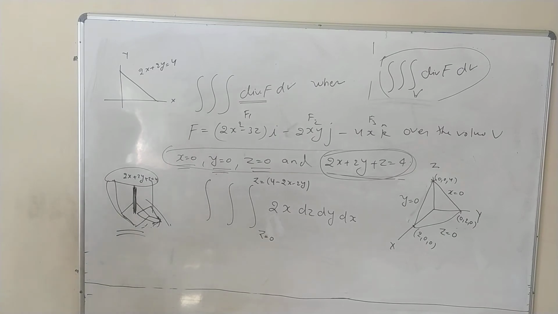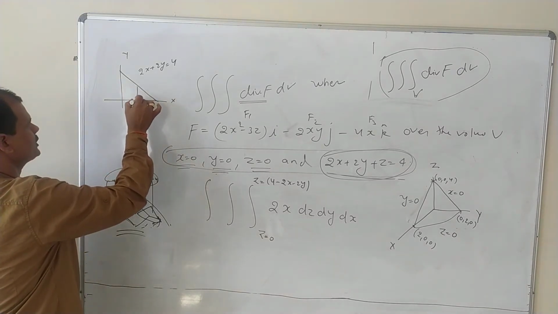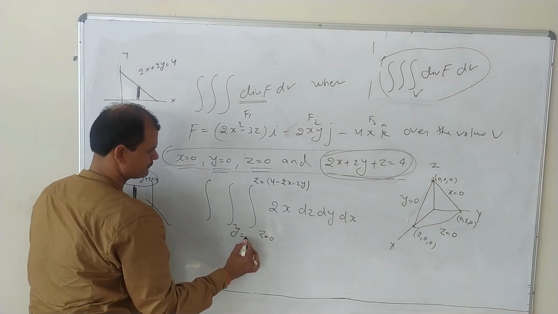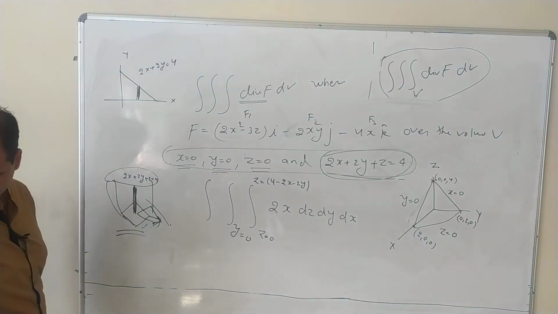Okay, so now for your y limit you need to take one strip parallel to the y axis. So y equal to 0 to, here y will be (4 minus 2x) by 2, right?